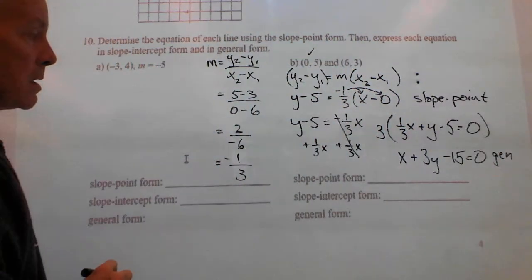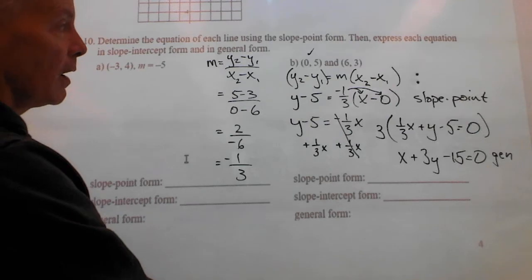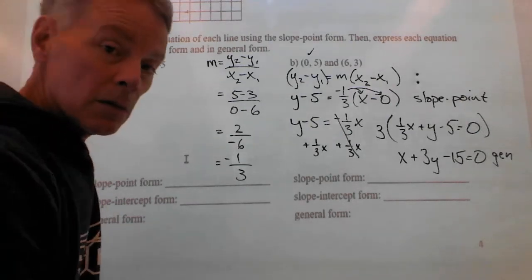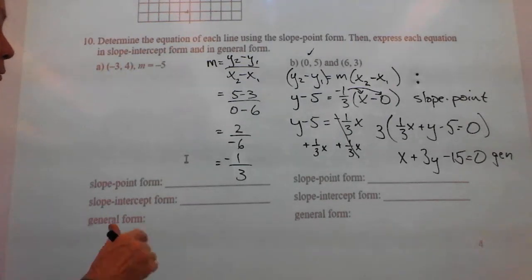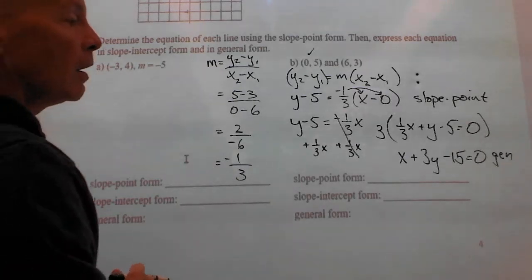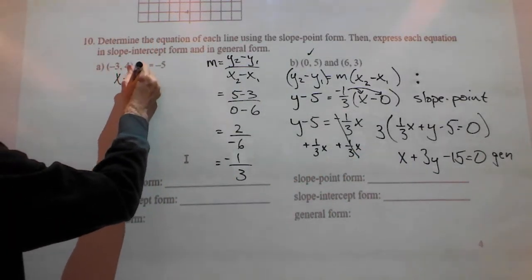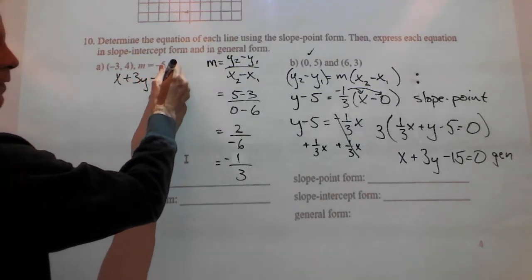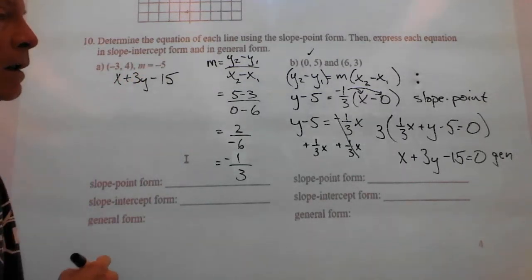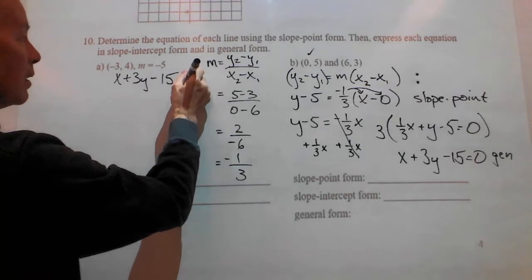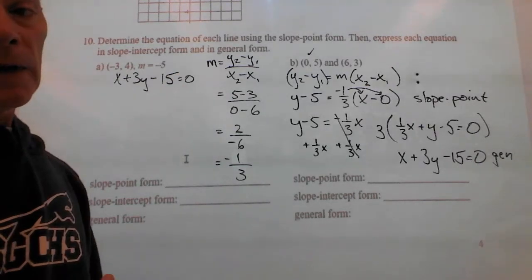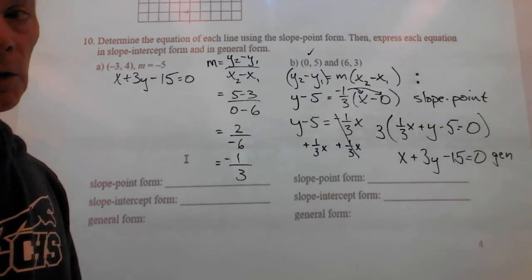And why don't we just, where have we got some room? We'll put it in here. Okay? So I'm just going to rewrite our general form. x plus 3y minus 15 equals 0. Now, we want this in slope-intercept form.